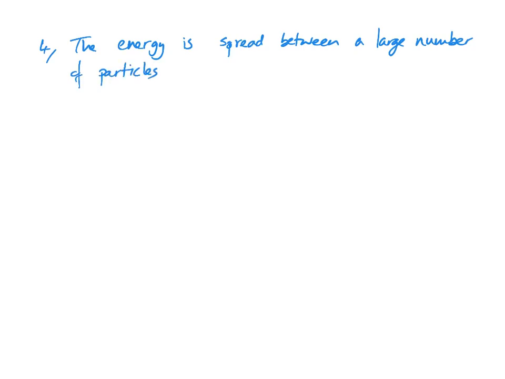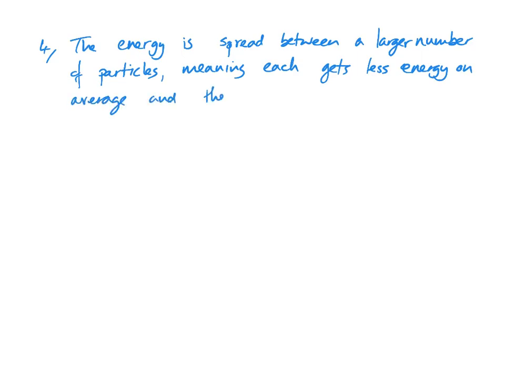So the energy is spread between a larger number of particles. Meaning each gets less energy. On average, you're not going to get them going much faster. So we're talking about small increase in temperature.